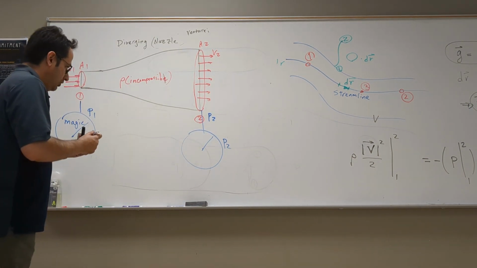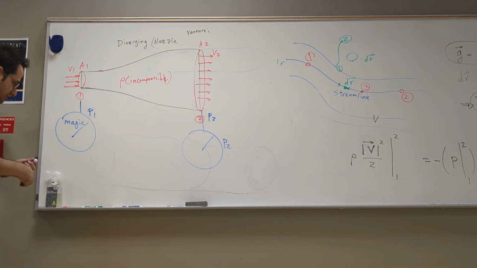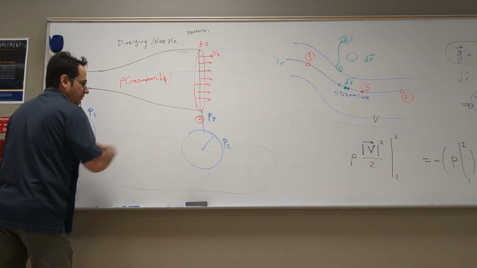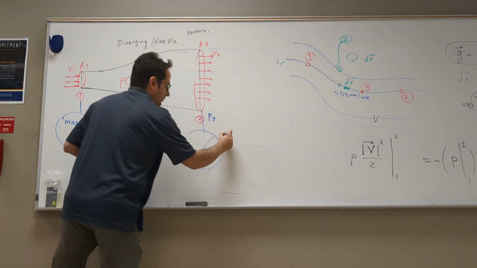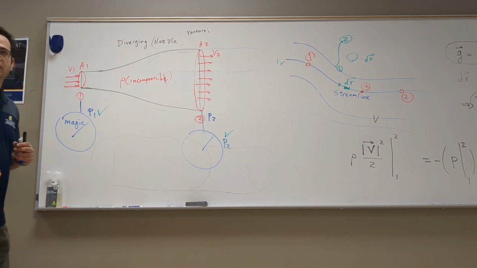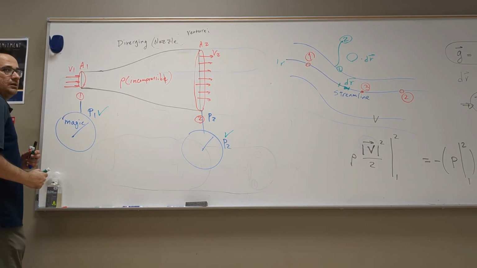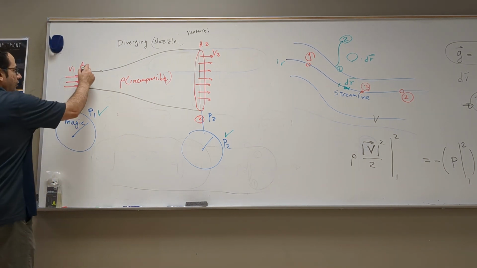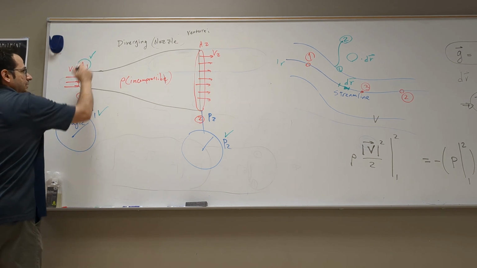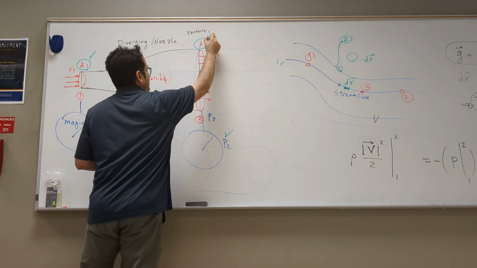Now, my question is, well, let's put the check mark there. From this magic, I measure P1 and P2. All right? And then I also have A1, and I also have A2.